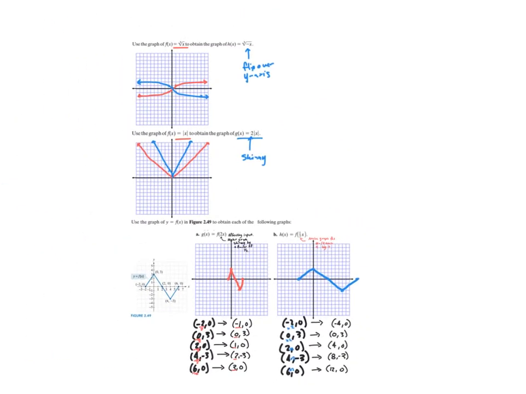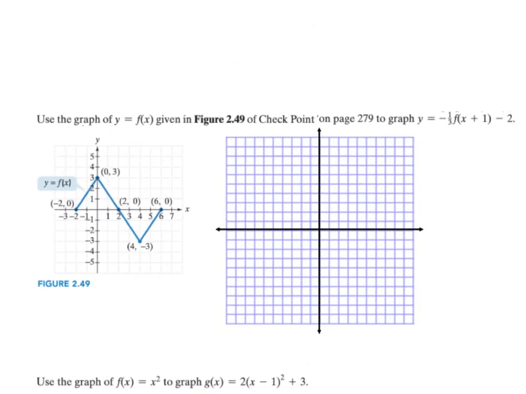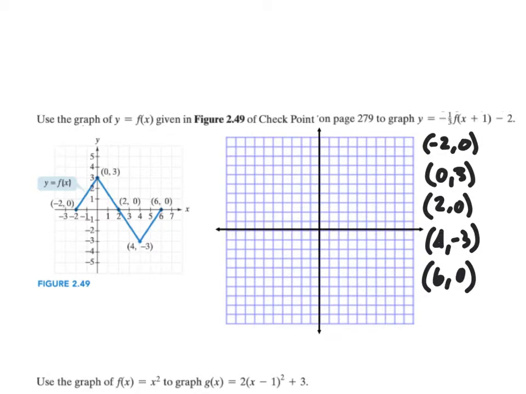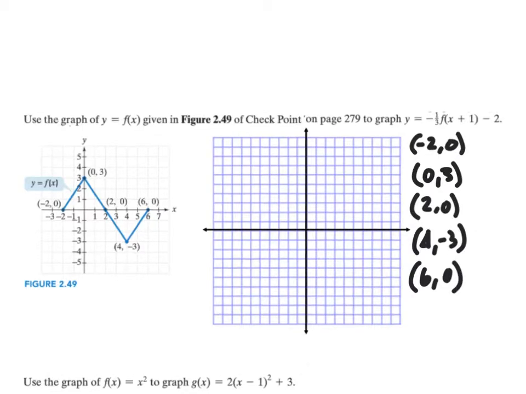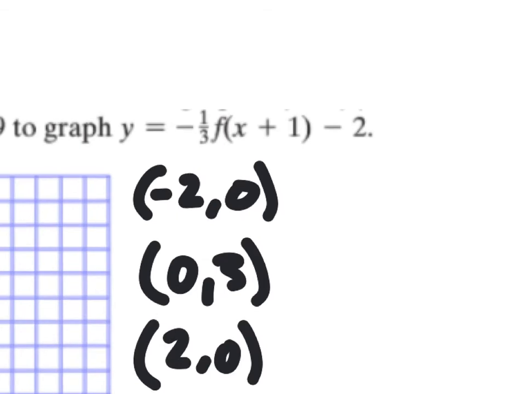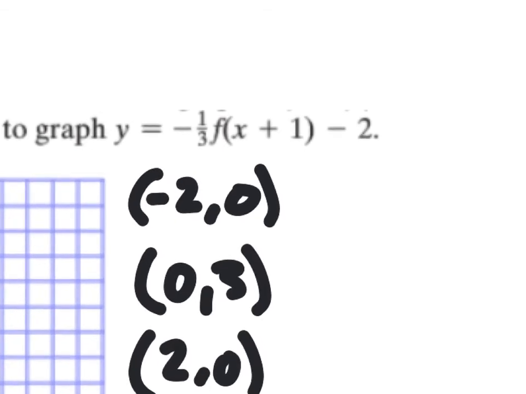So a little bit tricky on those, but let's go ahead and take a look at the next page. Now on this one, let's copy down those same points again. Okay, those points are copied down, and what I want to do is use the function to graph this function.